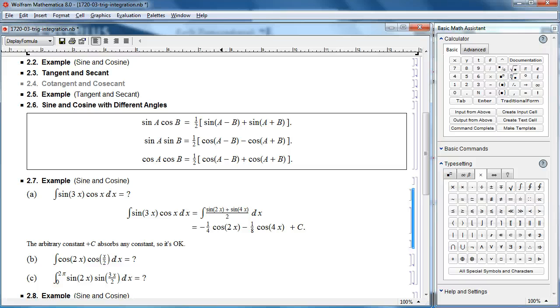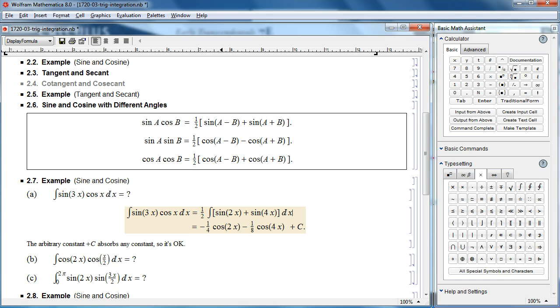So here it is. 1/2 of, it's a little bit difficult to see, so let me do a little bit of editing here. Okay, does it look better, or did I make it worse? Let's see, 1/2 times sine of difference, so 3x minus x, so we have x, plus sine of sum, so 3x plus x, so we have 4x.